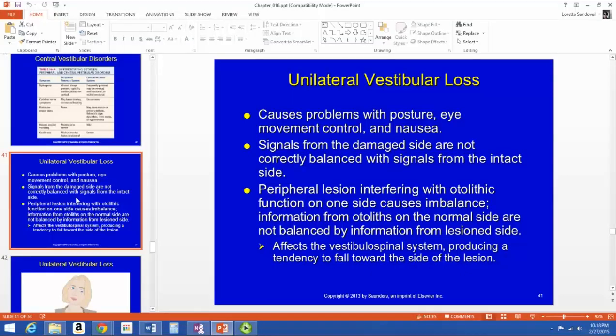The vestibular system really works with the two sides together, and so if you have a unilateral vestibular loss, it can really mess up. Even though you have normal input from one side, you're just not getting the kind of input that the vestibular system needs.